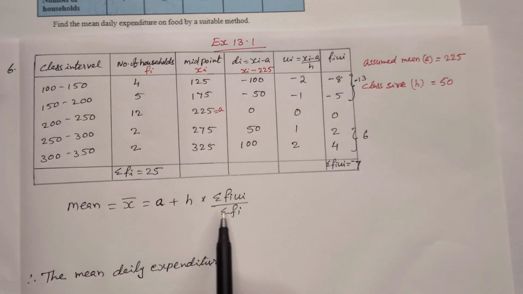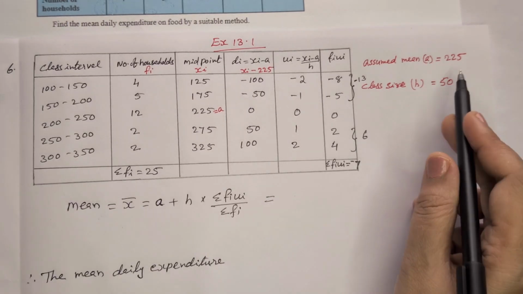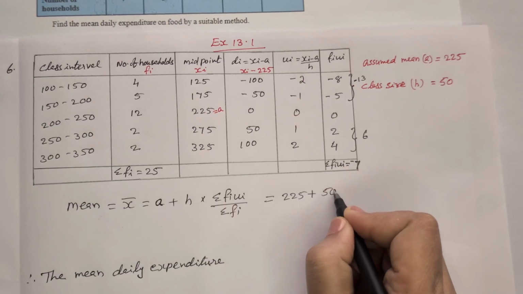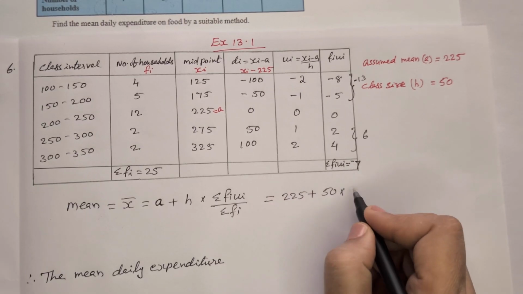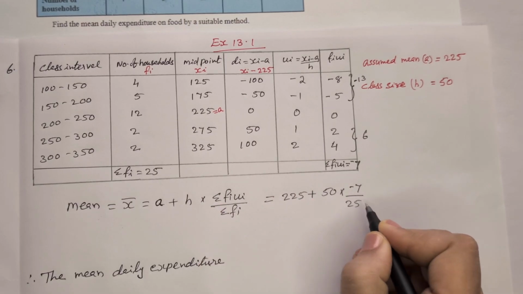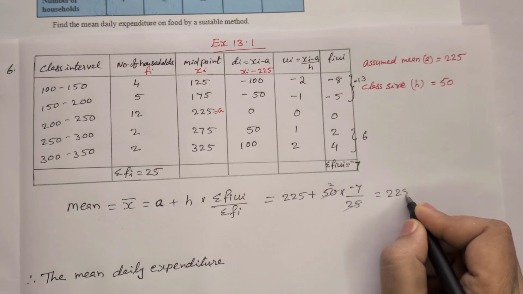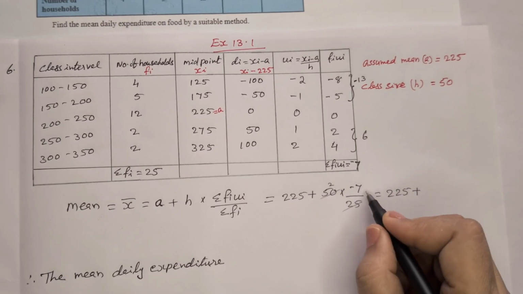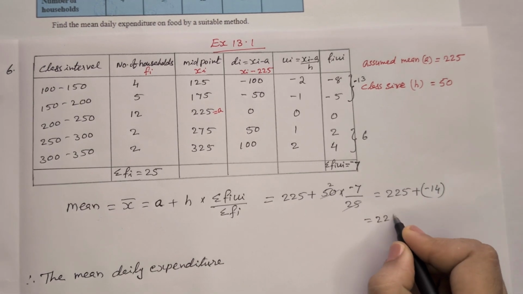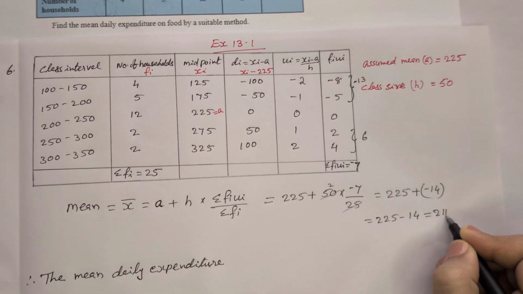Now mean is equal to A plus H into sigma Fi Ui by sigma Fi, which is equal to 225 plus 50 into minus 7 divided by sigma Fi 25. Here we can divide by 25 2 times, which is equal to 225 plus 2 into minus 7, that is minus 14. So 225 minus 14 is equal to 211.